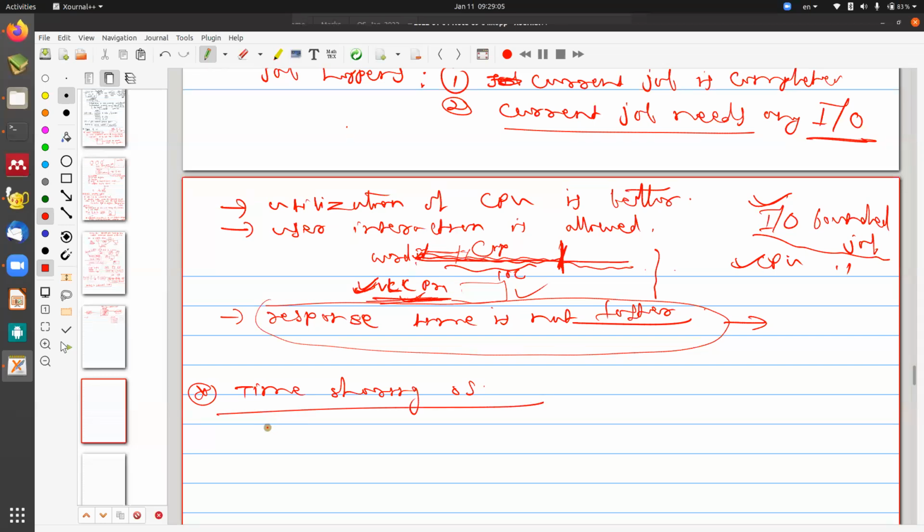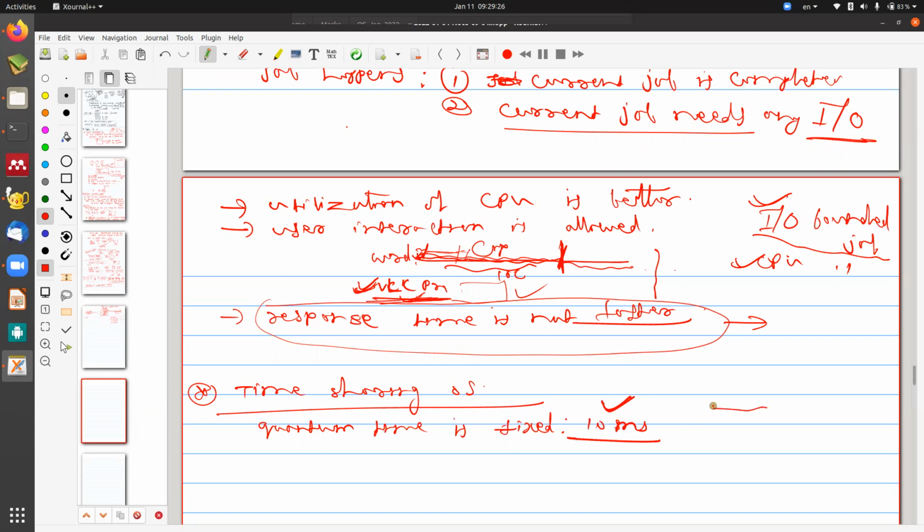In this time sharing operating system, a quantum time is fixed. What is this quantum time? Suppose the quantum time is 10 milliseconds. Every job will get a chance to execute for 10 milliseconds first.